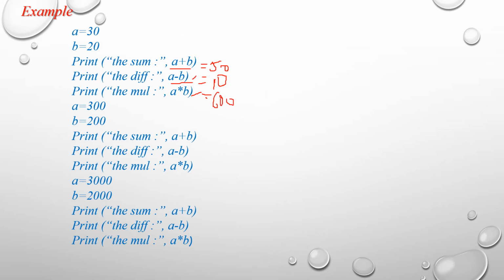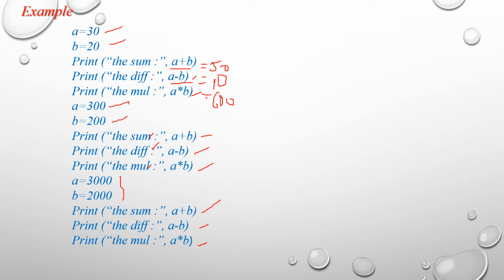Our first requirement is inputs 30 and 20. Again our requirement is the inputs 300 and 200, and the task is printing the sum, difference and multiplication. Here we get the sum value, difference value and product value. Next, our user inputs are 3000 and 2000, and the task is printing the sum, difference and product.